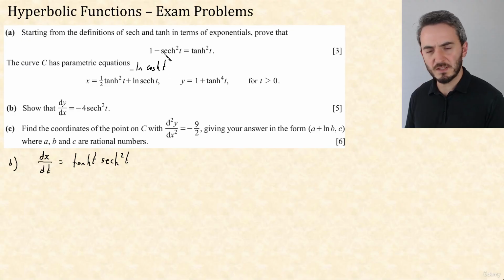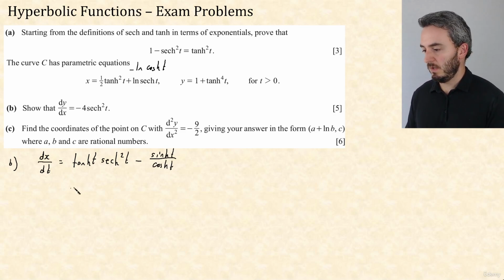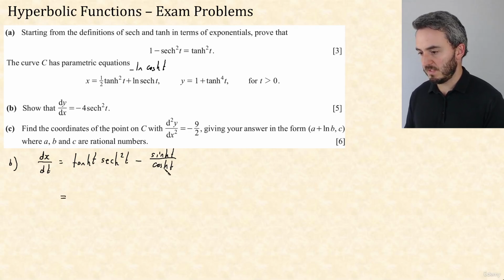And that's a little bit easier to work with, because look, I've just got minus, and it's the derivative of cosh t, which is sinh t, over cosh t. So that's nice, that's just tanh t. All right, shall we simplify this? We probably should a little bit. Let's see, that's tanh t.